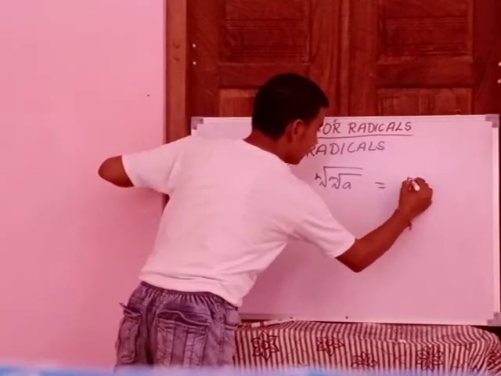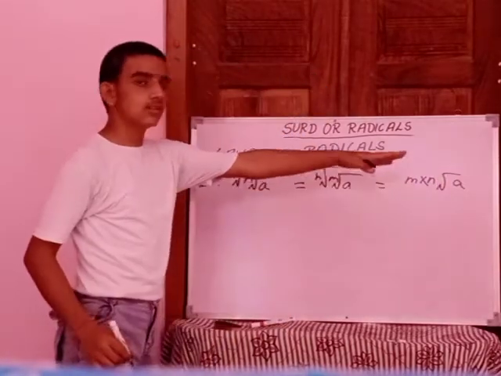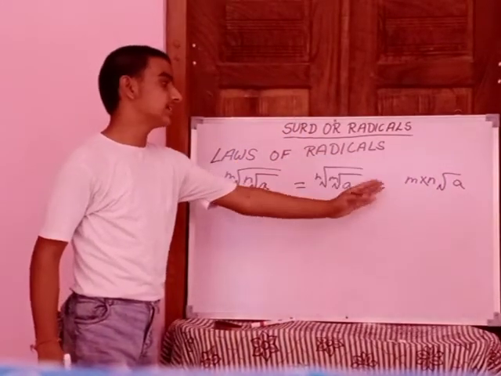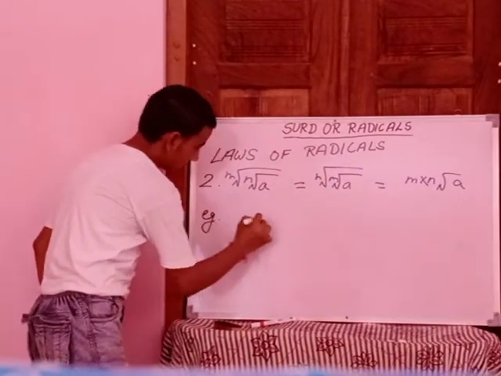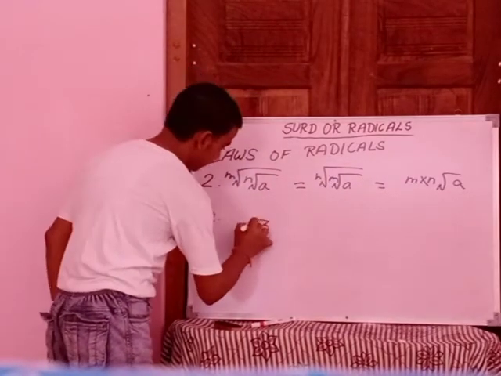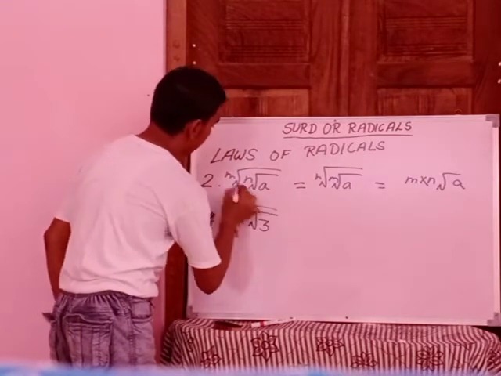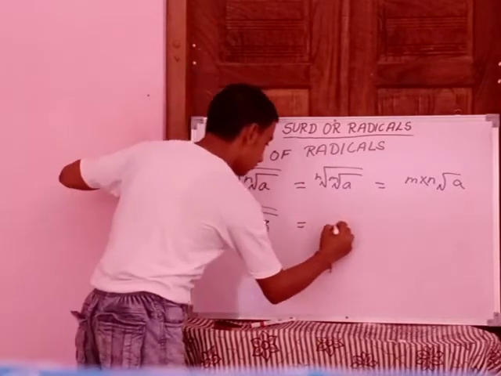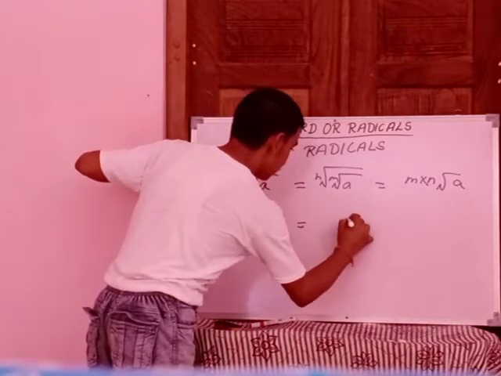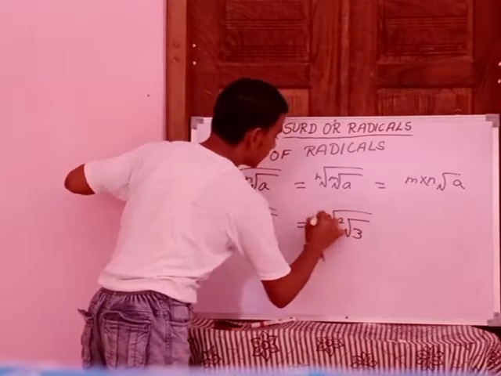It would be the root of index m into n, meaning the mn-th root of A. For example, suppose A is 3, n is 4 and m is 2. It can be written as the fourth root of the square root of 3.